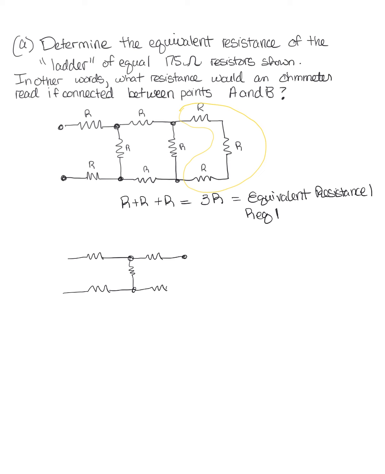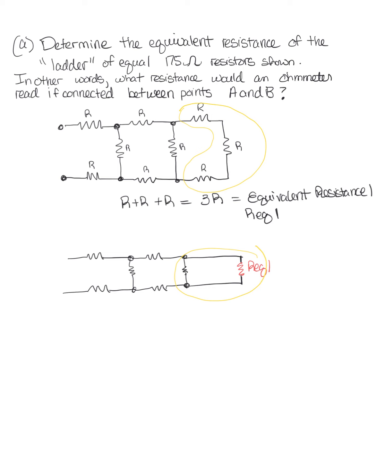You do need to redraw this every single time, but you'll see why in a second. We just had 3 right there, and now we only have this 1. This is REQ1. Now this is much easier to deal with, right? So now we just have these 2. We're looking at it piece by piece by piece.